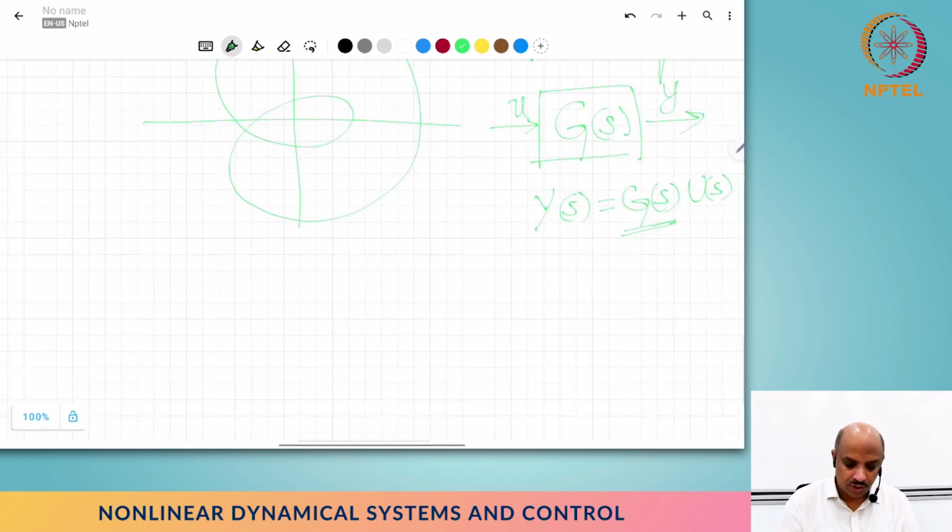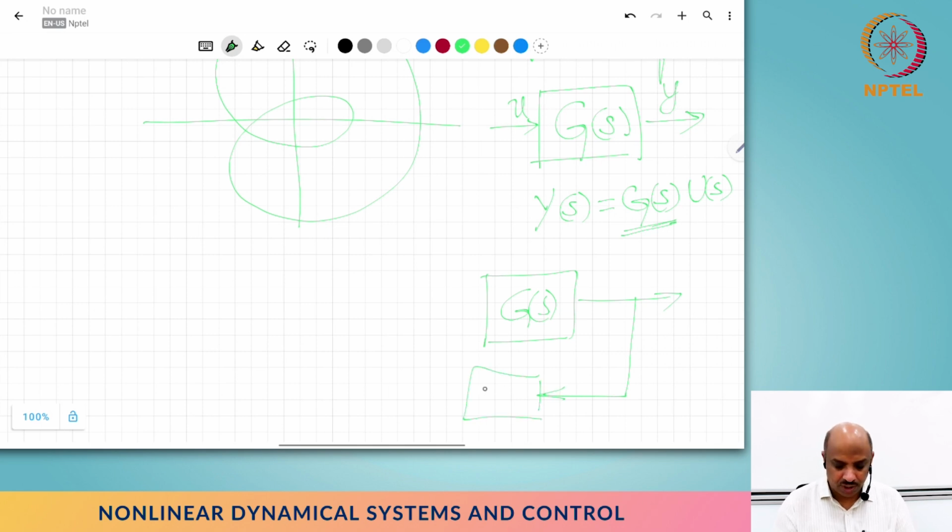typically what we do is, if we have some system like this, we will put a feedback, let me say some feedback transfer function, a controller. This is typically in our control, and let's say we assume negative feedback for some reference, and then you have this control input here.